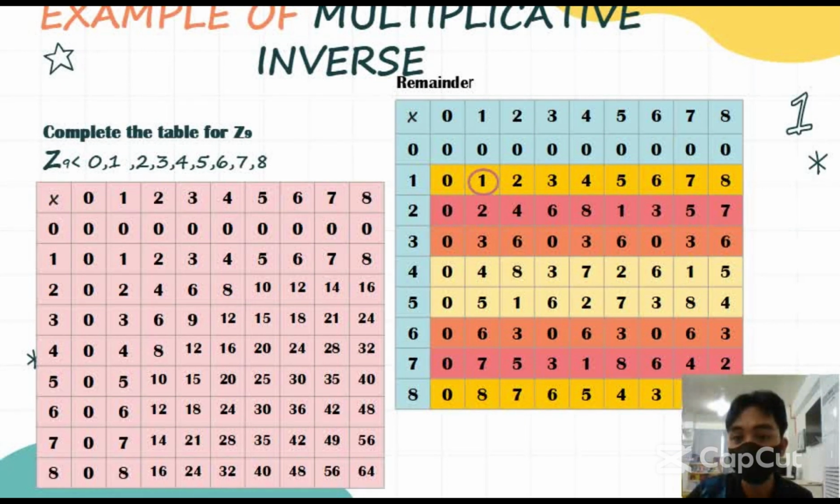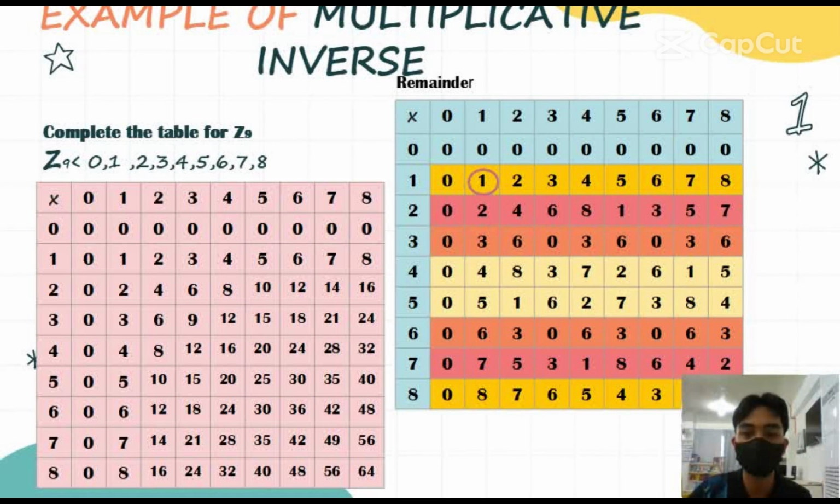When 10 divide 9 we have the remainder 1, and the same for 2 times 6. 2 times 6 is 12 and we know that 12 mod 9 we have the remainder 3. So the same process lang gihapon diri. When we are multiplying these numbers we have the remainder 5 and 7.